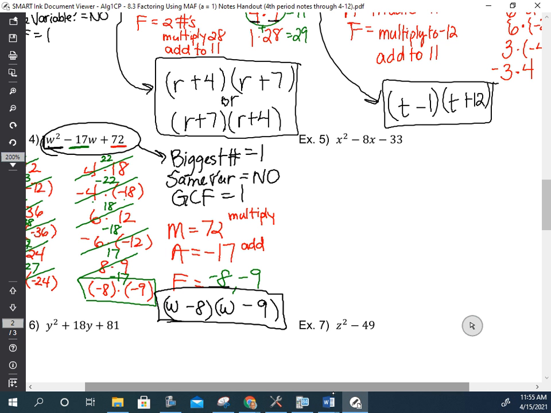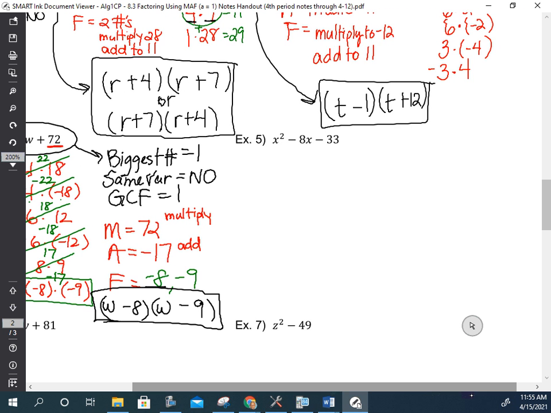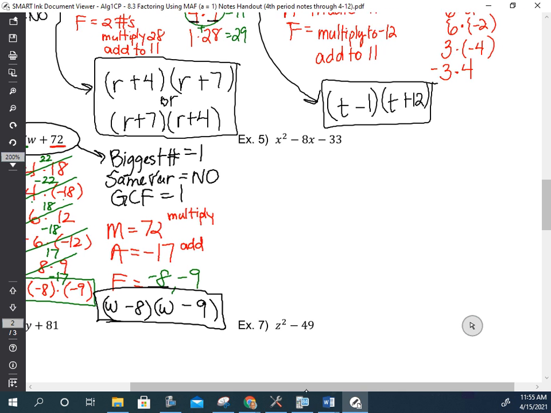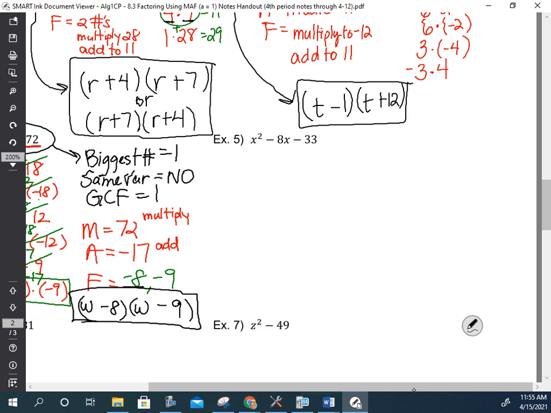All right, so let's get things off with example 5. We have x squared minus 8x minus 33. First thing we're going to do is start off with greatest common factor. So step 1, GCF.